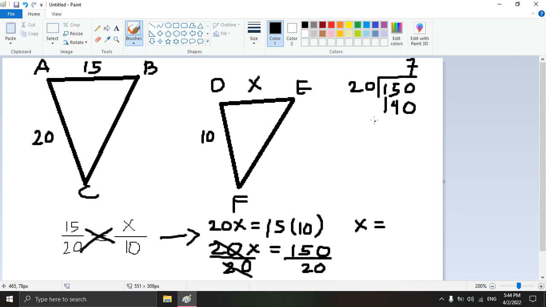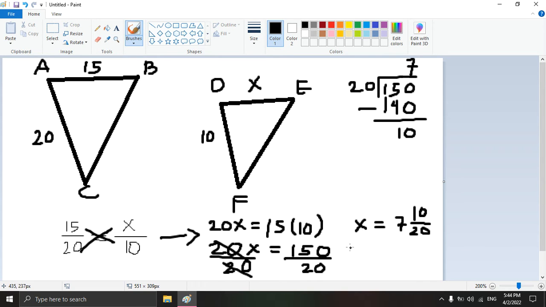Then 150 minus 140 equals 10. So the answer is 7 and 10 over 20. The remainder 10 is the numerator and the divisor 20 is the denominator. Since 10 over 20 is not yet in simplest form, let's simplify.